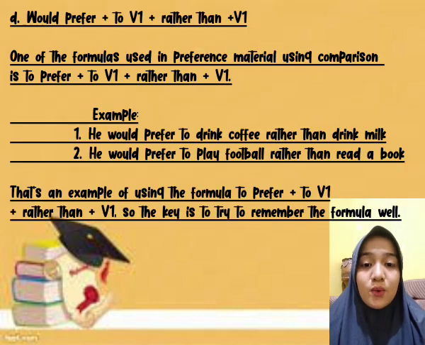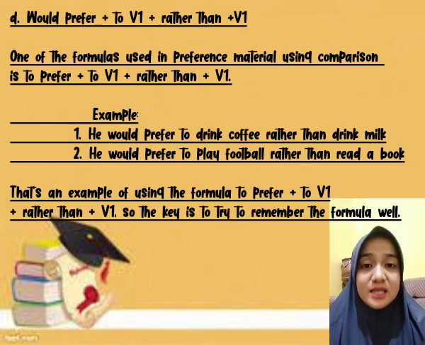Next, D. Would prefer plus to V1 plus rather than plus V1. So one of the formulas used in preference material using comparison is would prefer plus to V1 plus rather than plus V1.